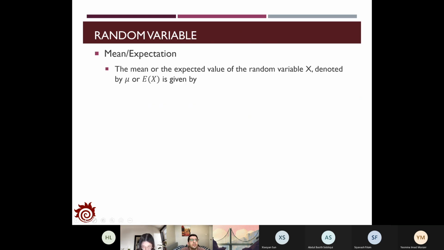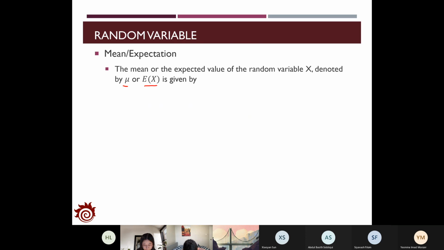And for the random variable, we also want to get some properties. The mean and variance are two important measures of a random variable. First, the mean, or say the expectation of the random variable. Usually we use mu or E[X] to represent the mean.